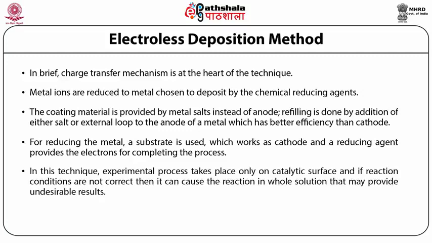In this technique, the process takes place only on catalytic surface, and if reaction conditions are not correct, then it can cause the reaction in whole solution that may provide undesirable results.